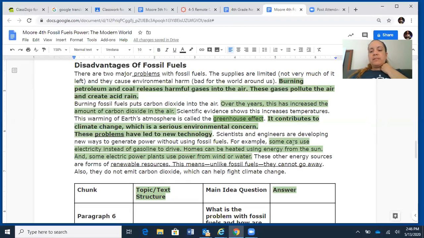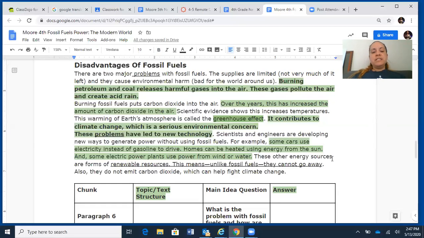For example, some cars use electricity instead of gasoline to drive. Homes can be heated using energy from the sun, and some electric power plants use power from wind or water. Oh, so we learned what the problem was, but then at the bottom, they gave us the solution, how they're solving the problem. That's our text structure, problem, solution.